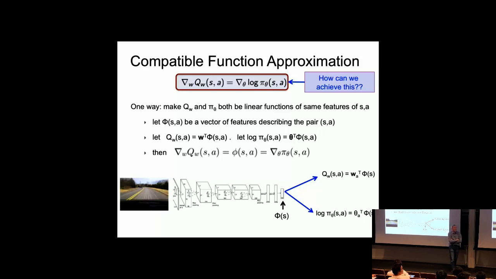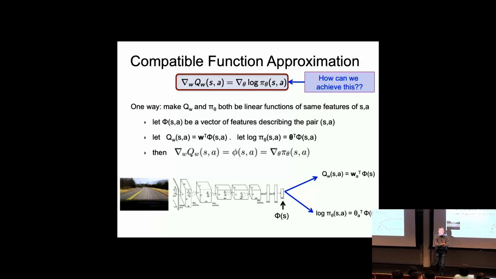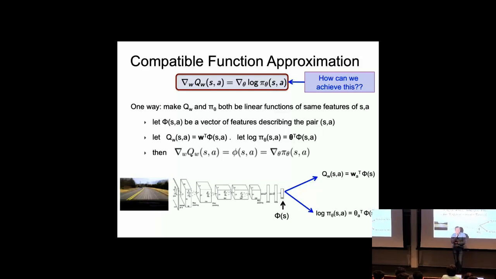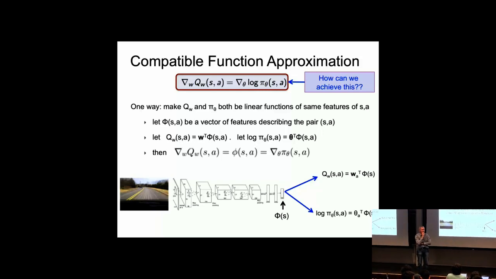Yes? I'm curious about the branch of policy gradient. In a traditional policy gradient neural network, there should be a softmax layer at the end of the policy network to output the probability of each action. So in this kind of architecture, the output of the policy branch is the log probability. Right.